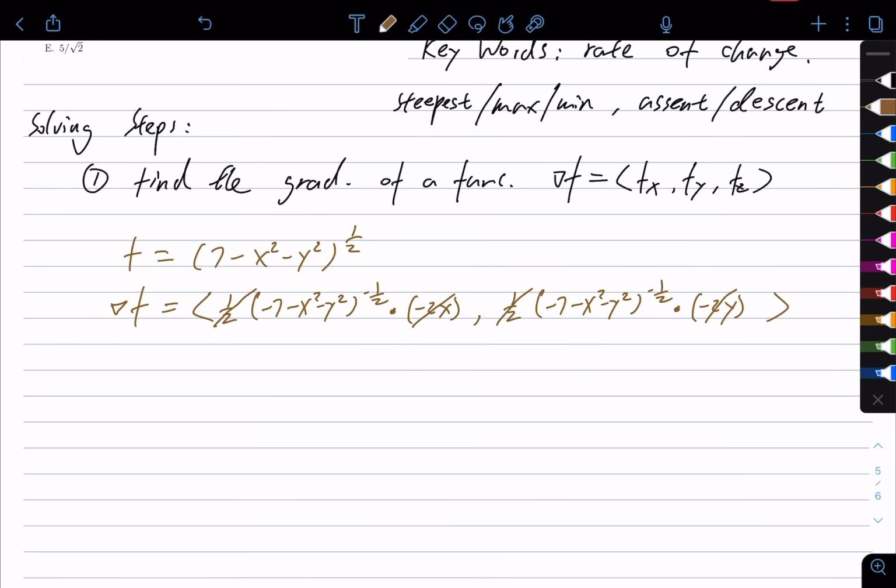This gives us negative x over the square root of 7 minus x squared minus y squared, and then a negative y on the y component.